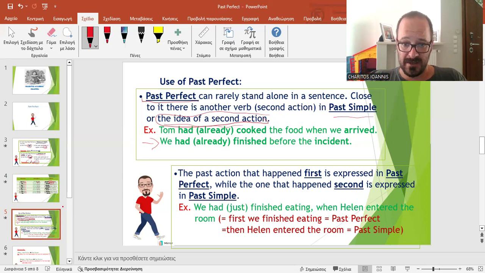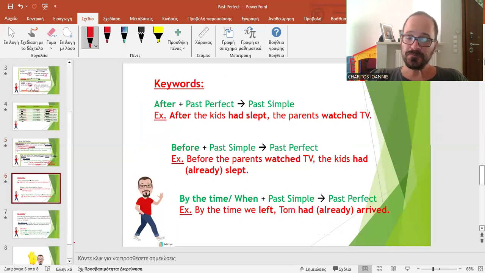Action number one is here, had finished eating. First, we finished eating, so past perfect. And action number two, Helen entered the room. Second action, so past simple. First action in past perfect, second action in past simple.